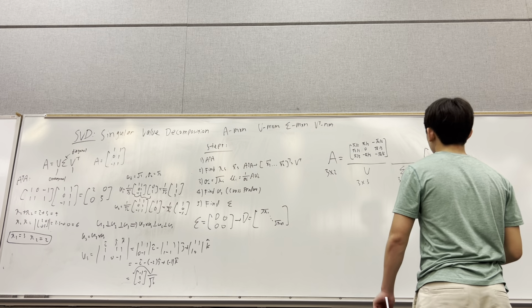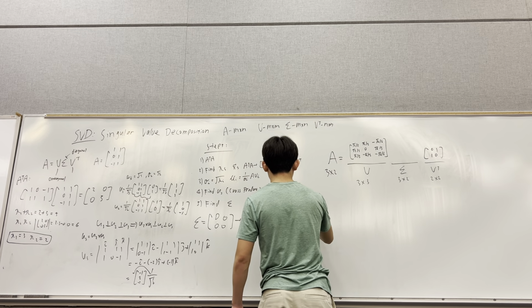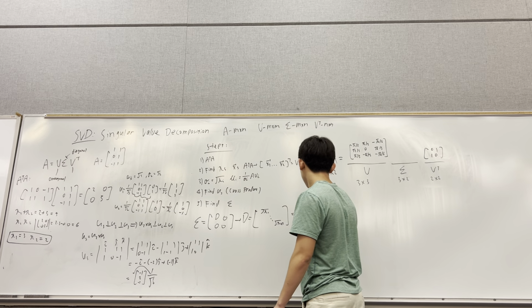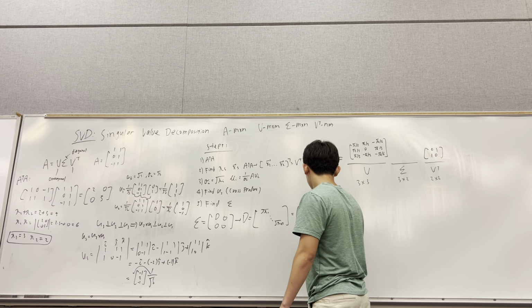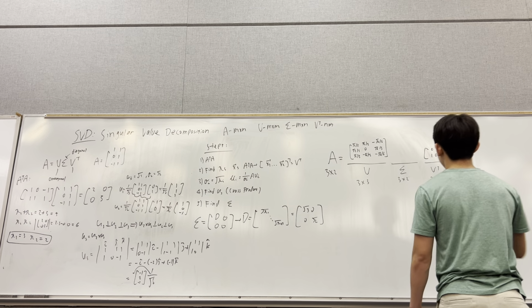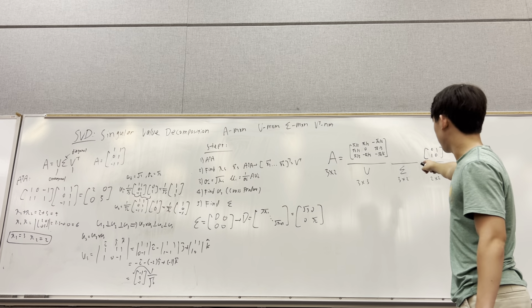And then finally for sigma, we can simply take D. We have lambda 1 equal to 3, lambda 2 equal to 2, so D is equal to square root of 3, square root of 2 on the diagonal. Since sigma has dimensions 3 by 2, we can go ahead and fill in zeros so that the dimensions match.